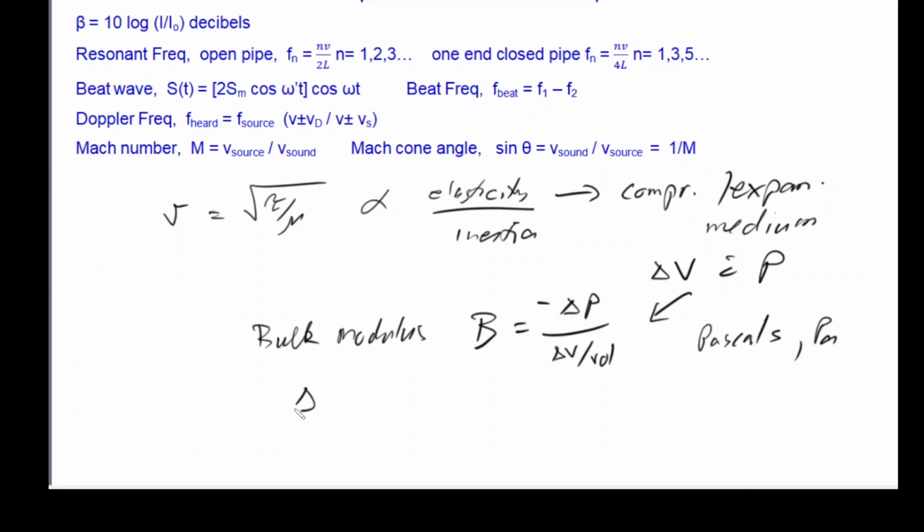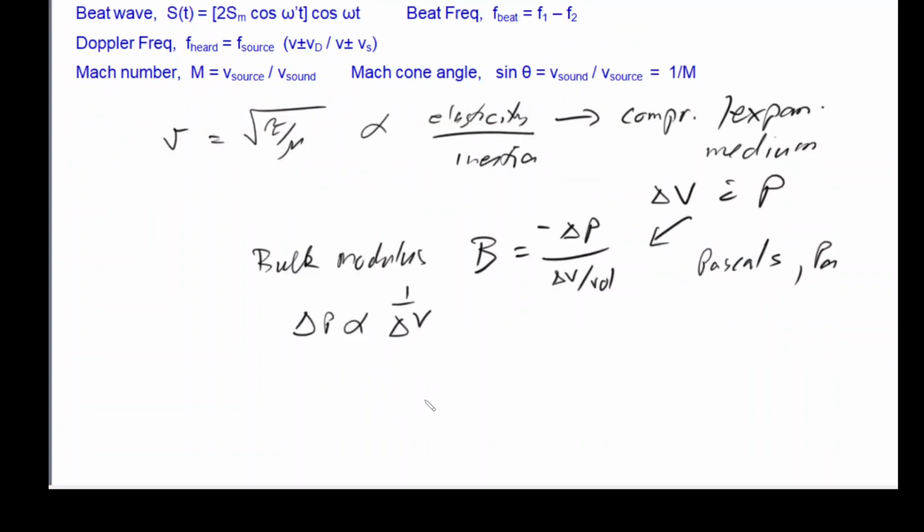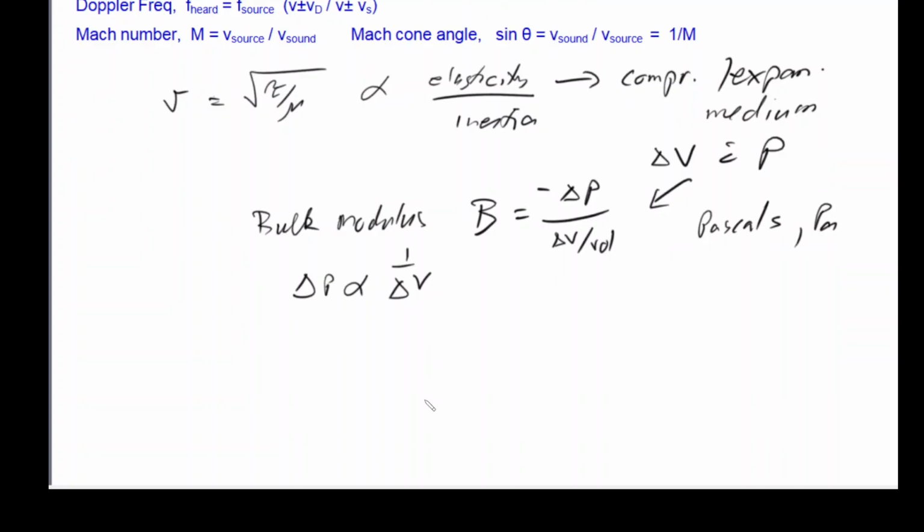So basically, the change in pressure is proportional to 1 over the change in volume. The other fact is that the mu in this equation becomes rho, or the density of the medium.